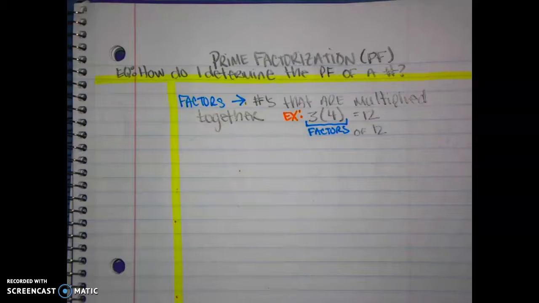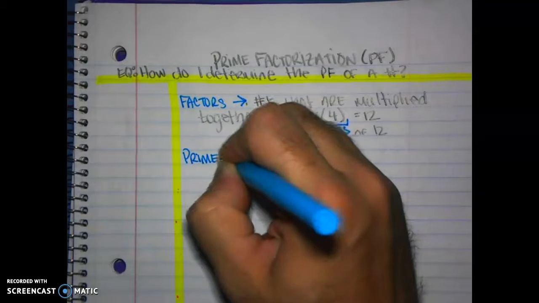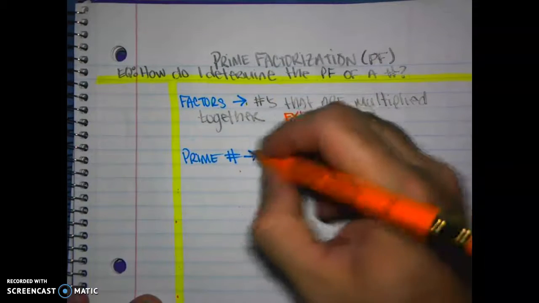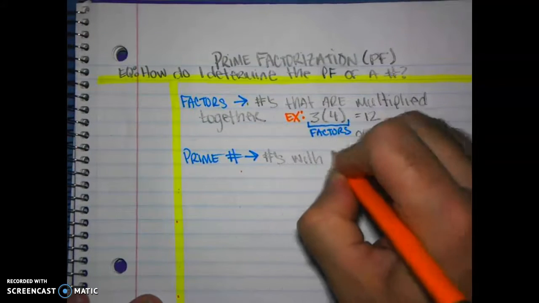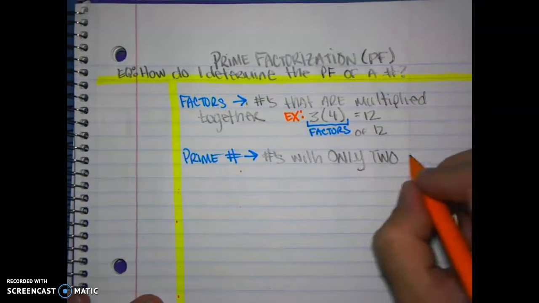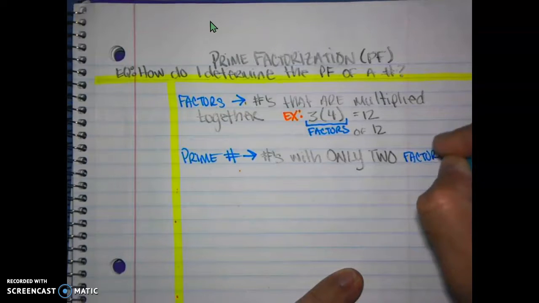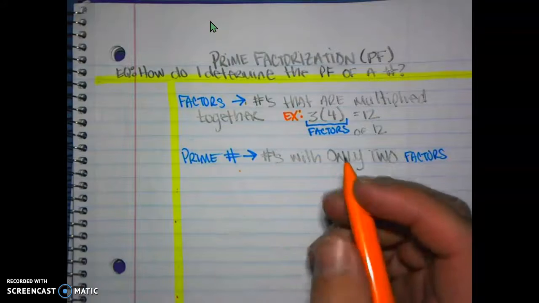Okay. We also need to talk about what is a prime number and what is a composite number. We're going to start off with prime. With a prime number, we're talking about numbers that only have 2 factors. So numbers that have only 2 factors are going to be considered prime.